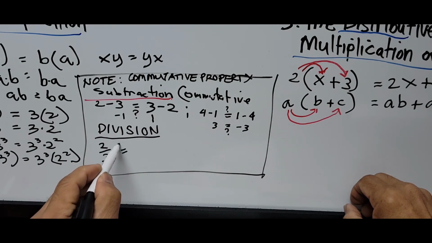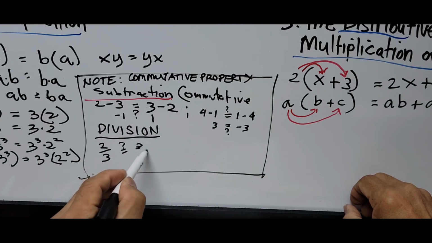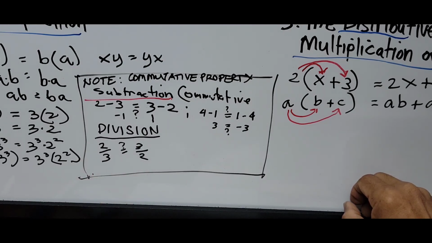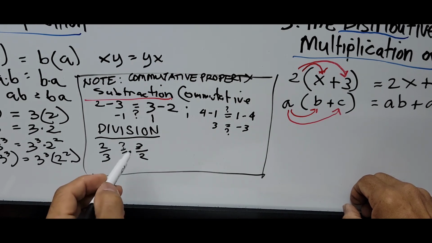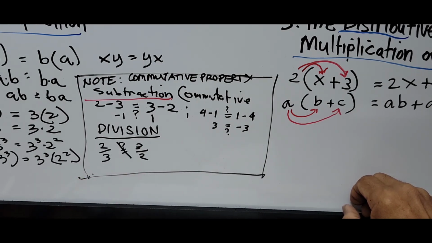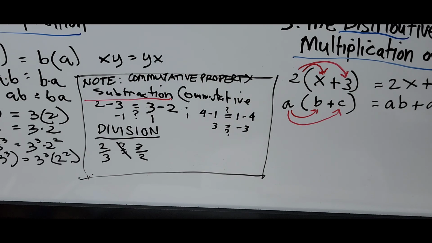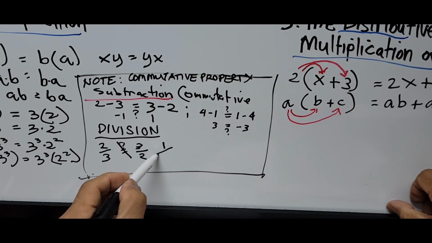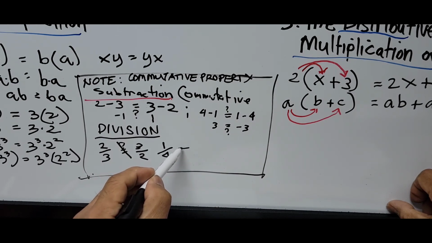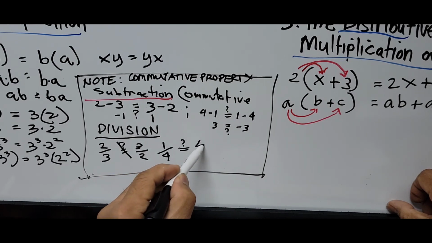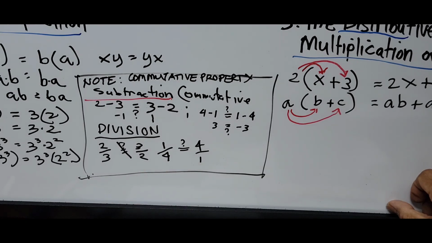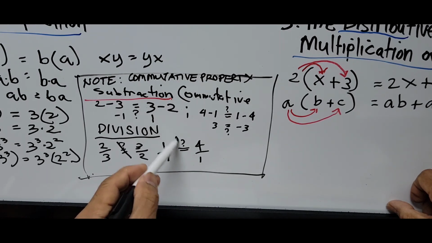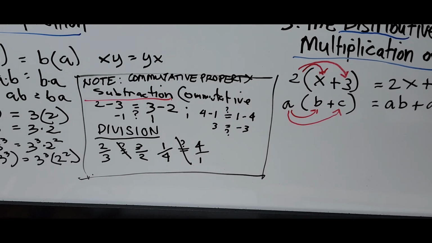Is that equal to 3/2? It is not. It's not equal to 3/2. And another one, how about 1/4? Is that equal to 4/1? It's not equal. So that simply means it's not applicable on division as well.